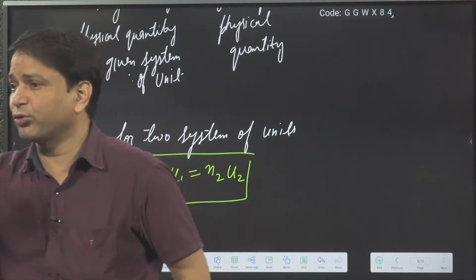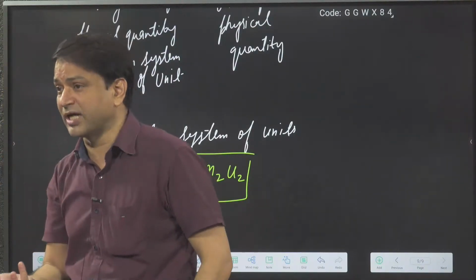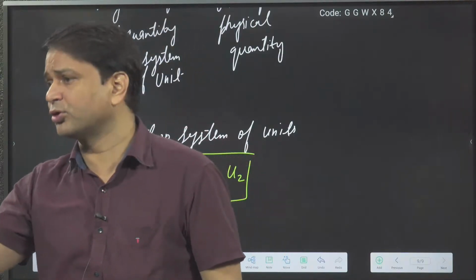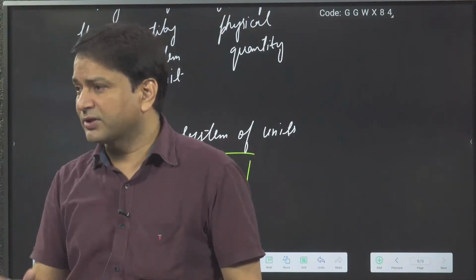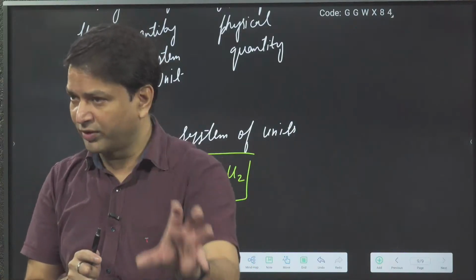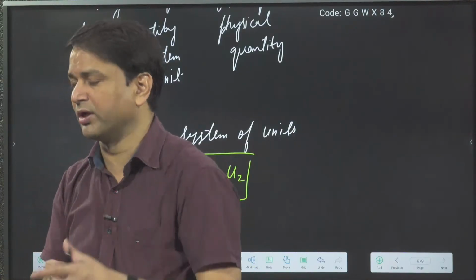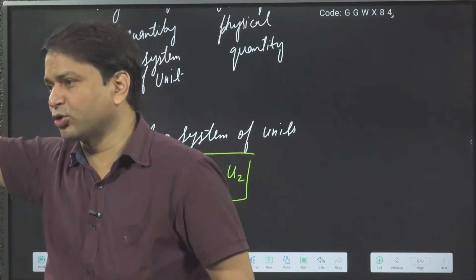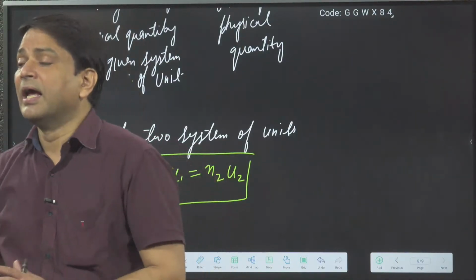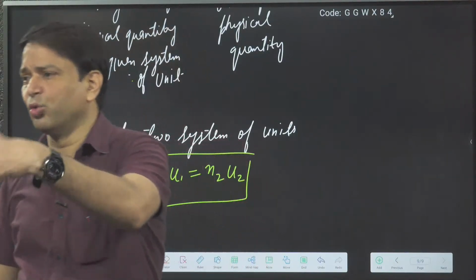So when you apply this type of relation, first decide which system you take as 1 and which as 2. After that, for the system you have taken as 1, its magnitude you will take as n1, its unit u1. For the system you take as 2, its magnitude is n2, its unit u2.